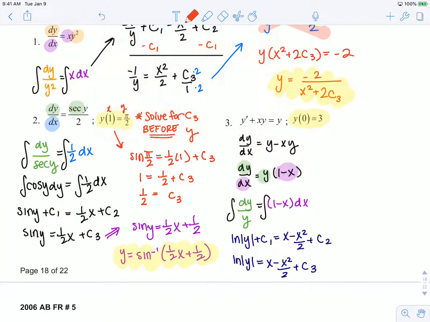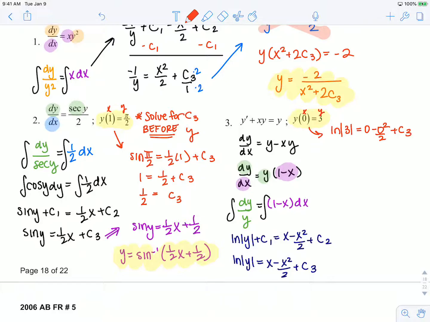Now we will use this initial condition to solve for our constant of antidifferentiation. When x is 0, y is 3. So we have ln absolute value of 3 equals 0 minus 0 squared over 2 plus c3.